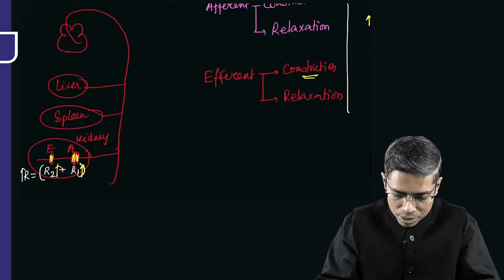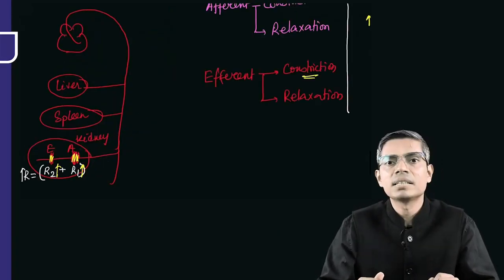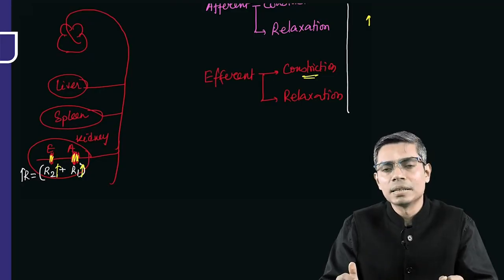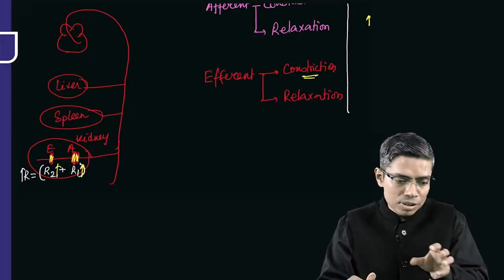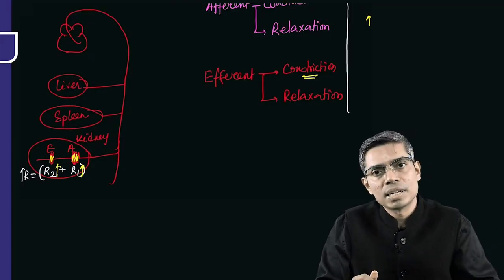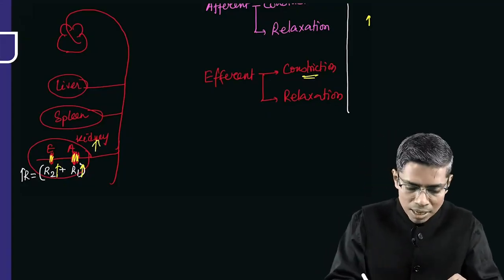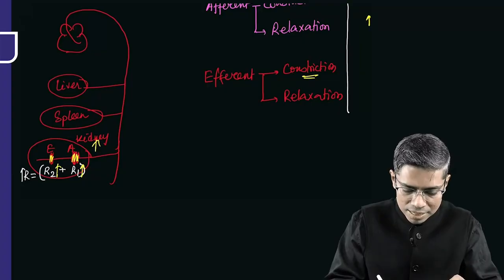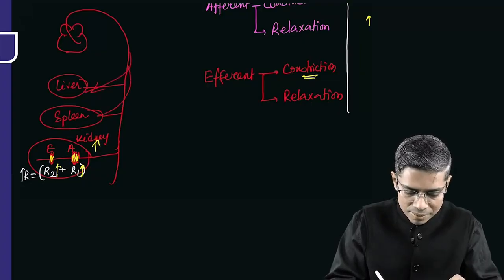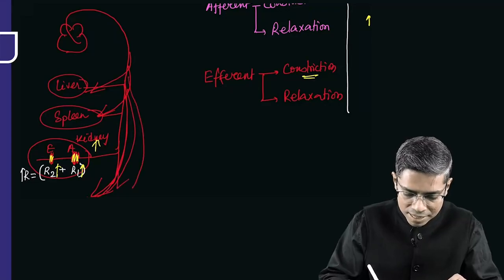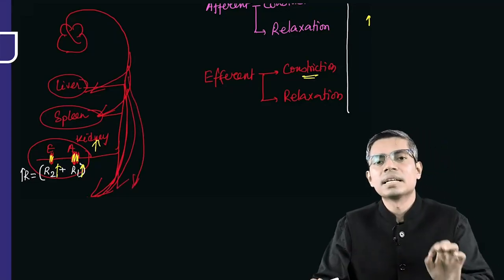Now, if the total resistance of the kidney is higher than normal, what will happen? The blood is not going to flow through high resistance organs. So, whenever the resistance of the kidney is high, the blood is not going to flow in the kidney. Rather, the blood will be diverted to the other organs like this. So, more blood will be diverted to the other organs rather than the kidney.